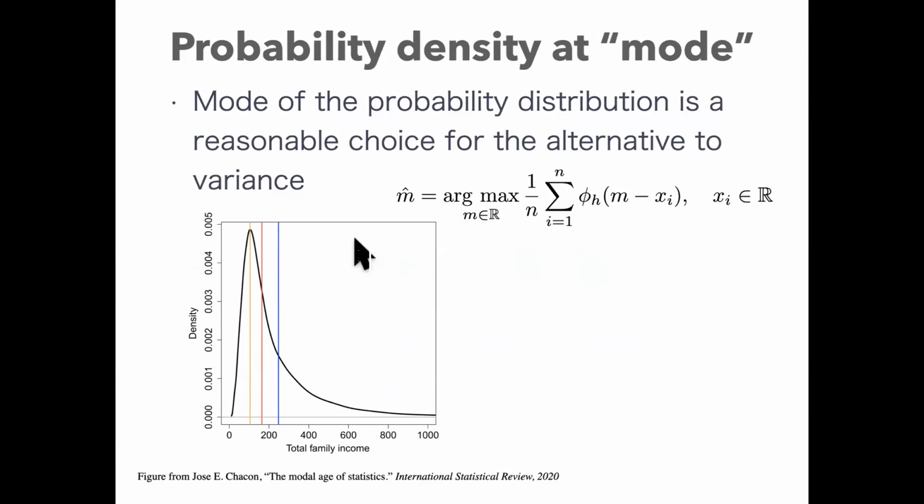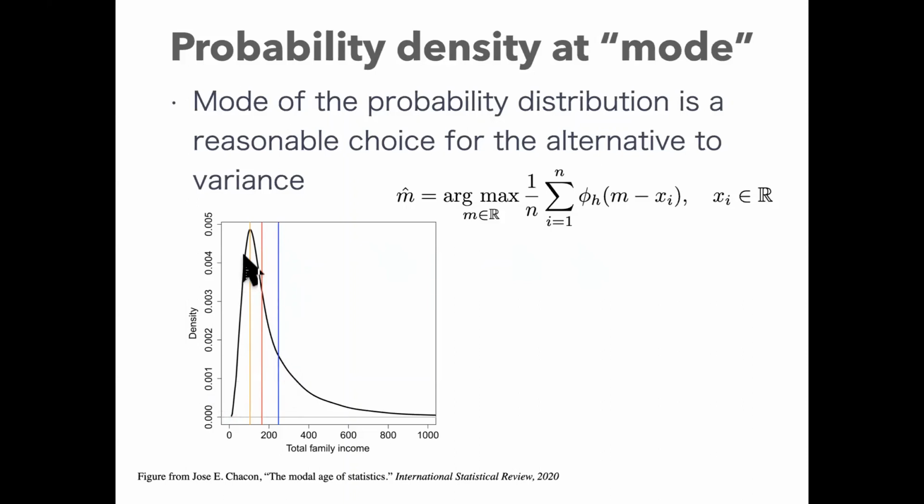The mode, as you know, robustly characterizes the location of the maximally possible values. This is a very simple example of the mode for a highly skewed distribution. The yellow line here is the mode, the red line would be the median, and the blue line is the mean.